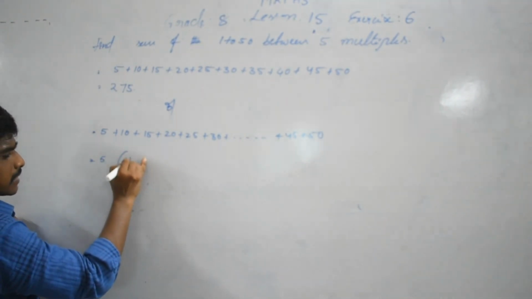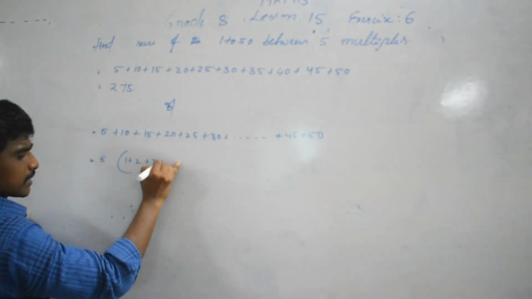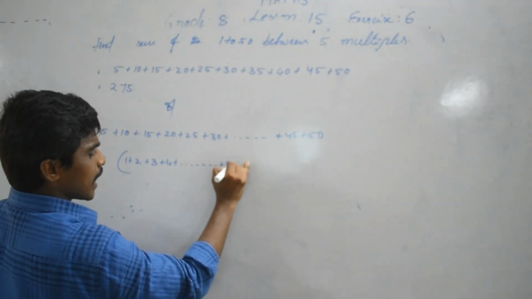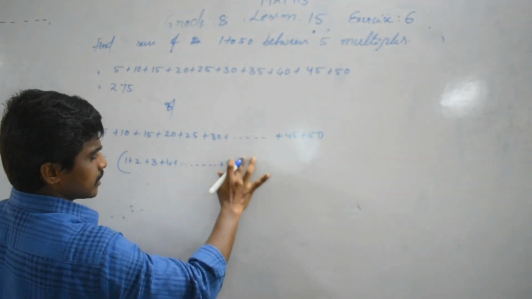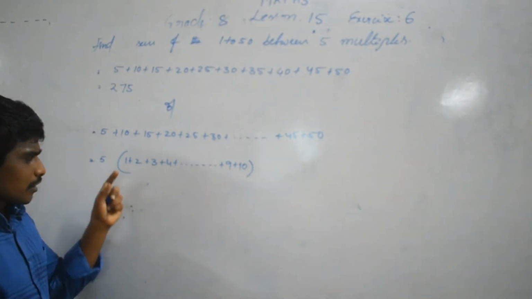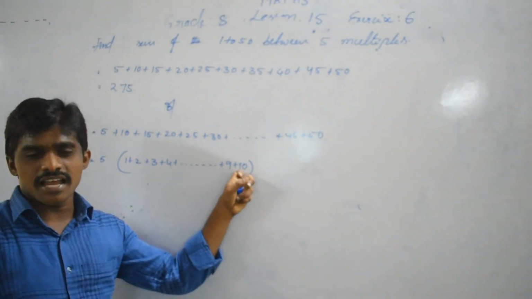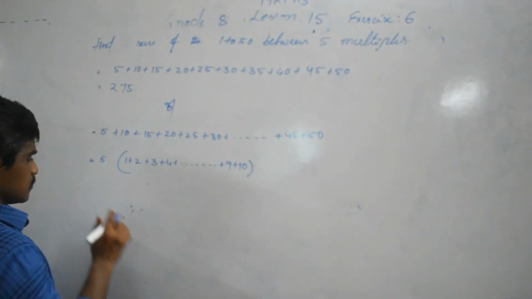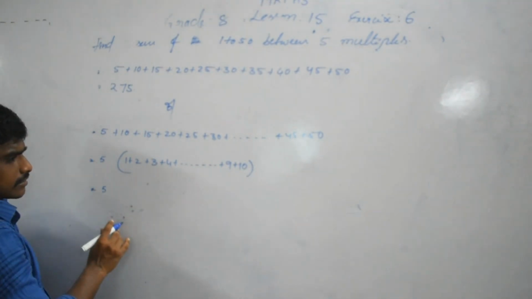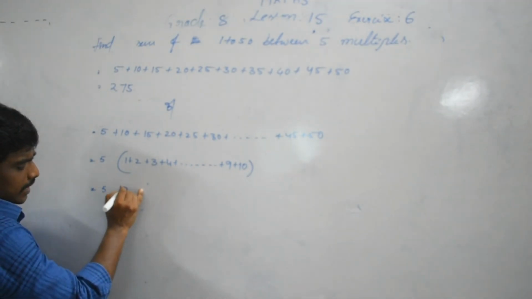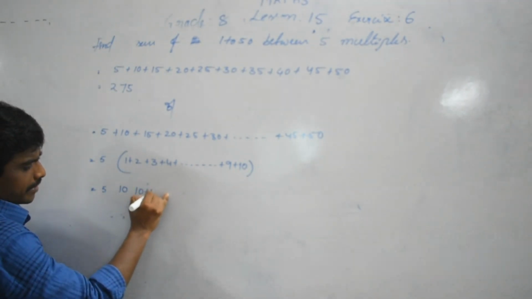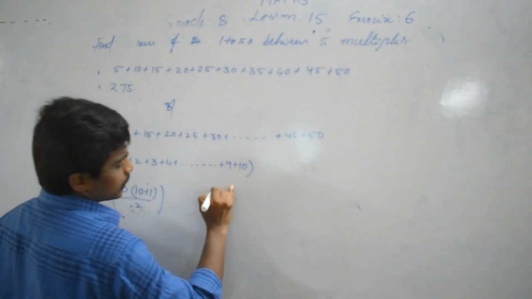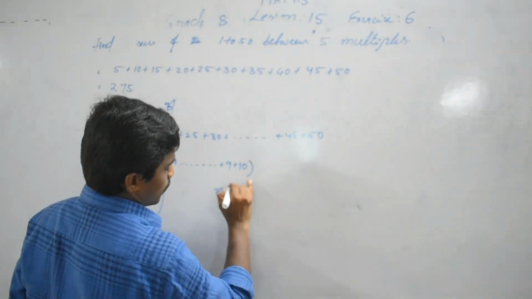So 1 plus 2 plus 3 plus 4, up to 9 plus 5, 10. So here the highest natural number is 10. So the sum of the natural numbers: 5 cross 10, 10 plus 1 by 2. See n plus 1 by 2.